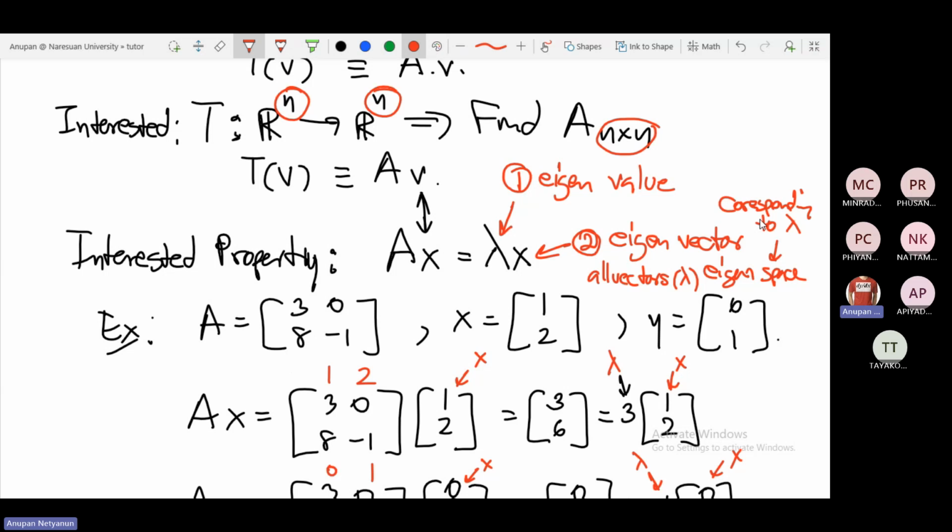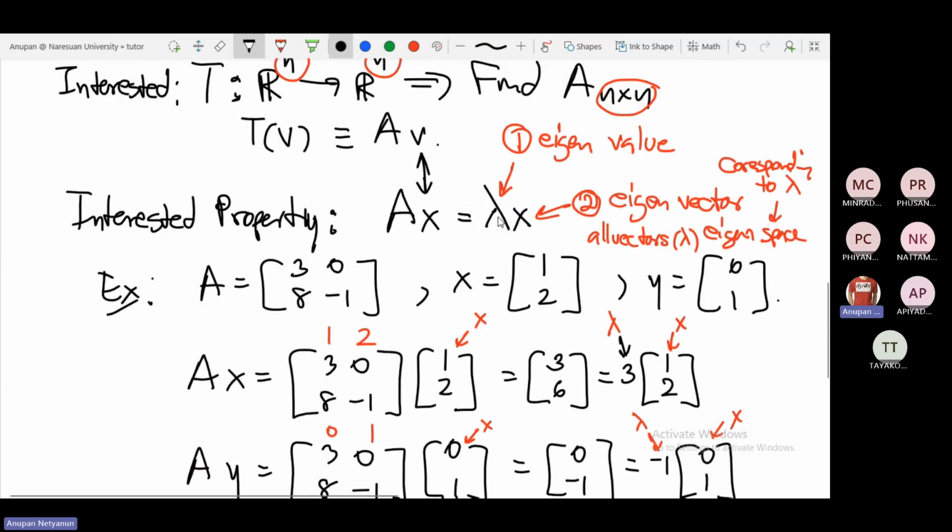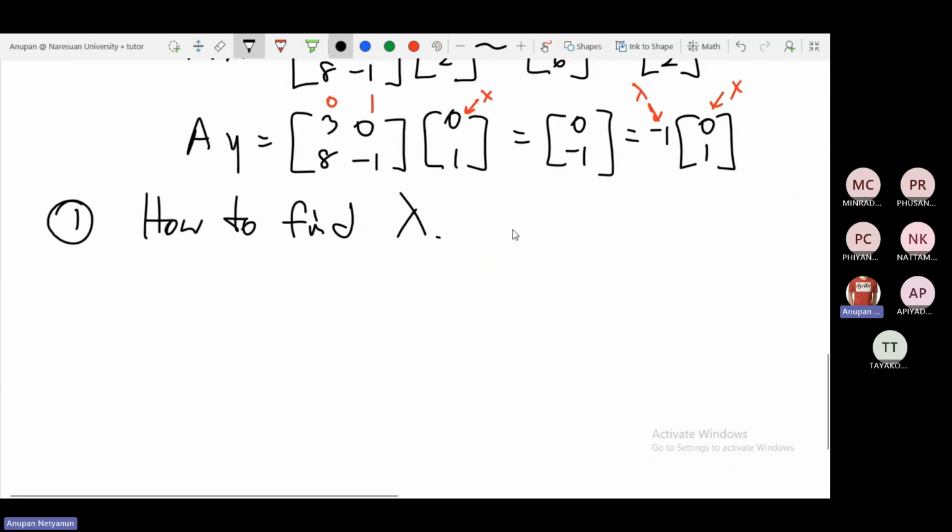Okay. Now, the first part is how to find lambda. We will find this lambda first, and once we can find lambda, we can find the vectors, you see. So from Ax equal to lambda x that we are interested in. Okay, so now let me move this.